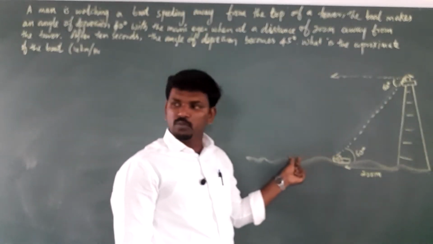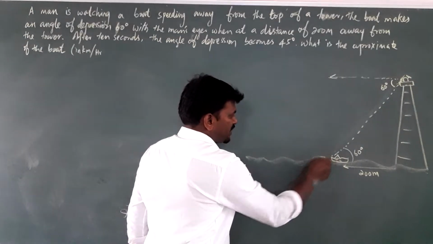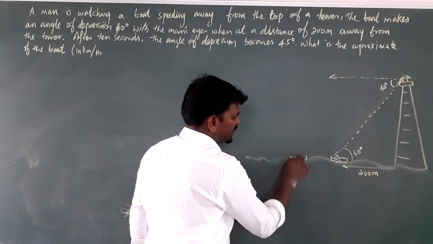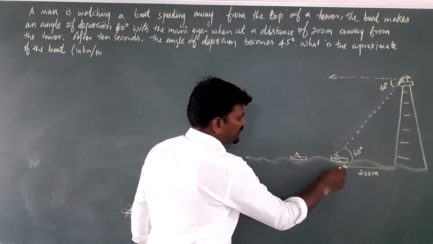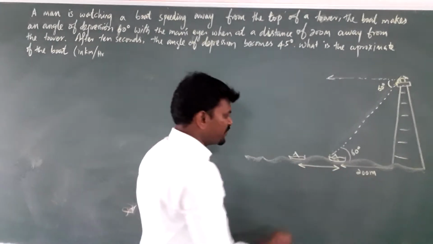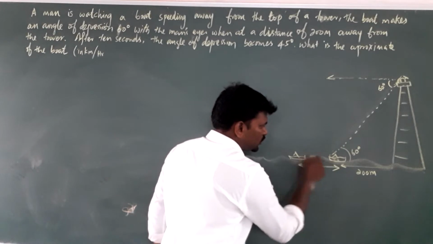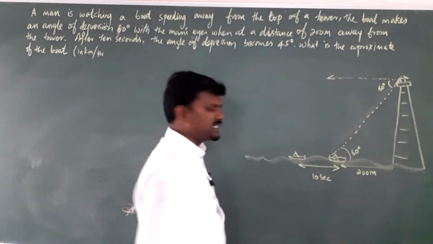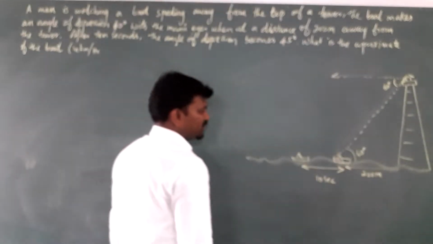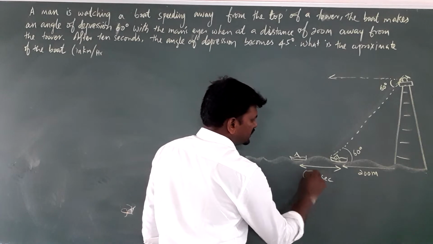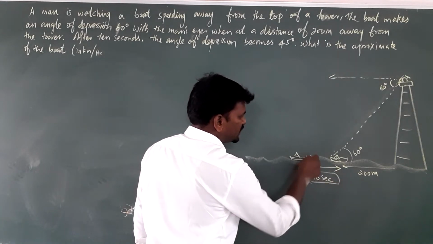The boat will move a little bit away from the present position. So after 10 seconds the boat came here. So what is the distance? We don't know, but the time taken to cover this distance is 10 seconds.